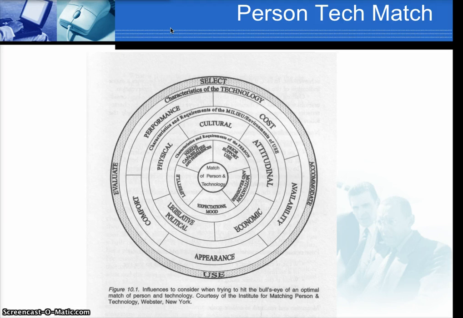There are attitudinal issues. People might not be ready for a device. They might not be ready to sit down in a wheelchair if they've lost mobility right away. Economic, again, sometimes it might be out of pocket if we want a higher end, high-tech device when the school's only willing to pay for a low-tech device.